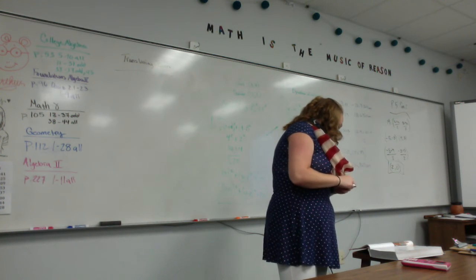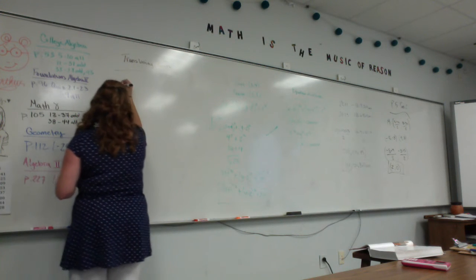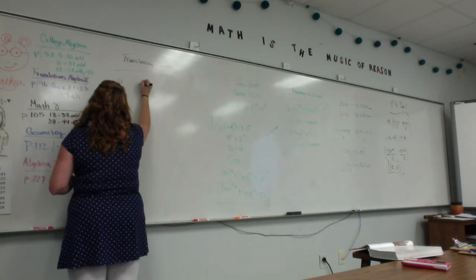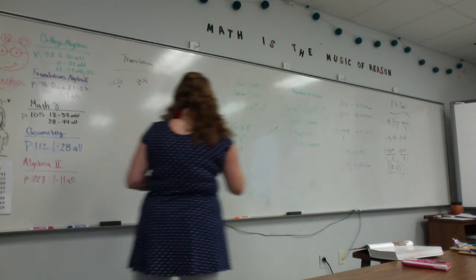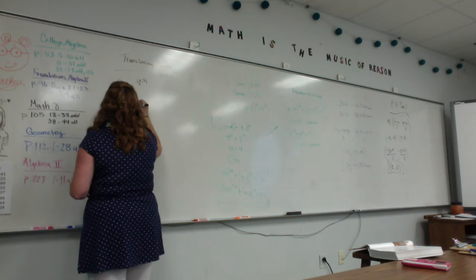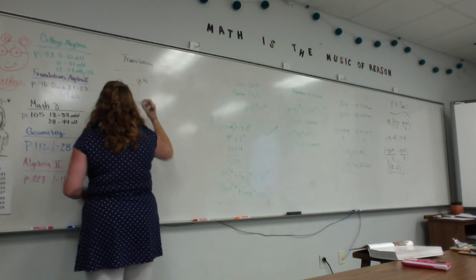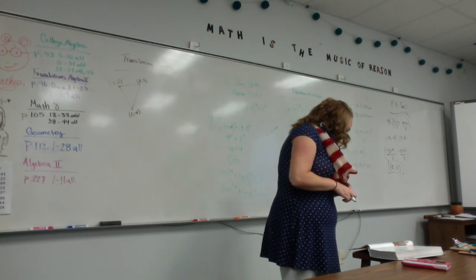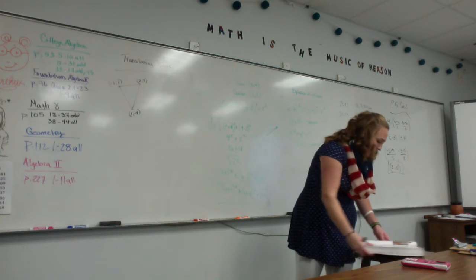So if you have a triangle that has vertices at -1, 2, and 2, 3, and a third one at 1, -4, and it says, this figure has vertices at the point -1, 2, 1, -4, and 2, 3.